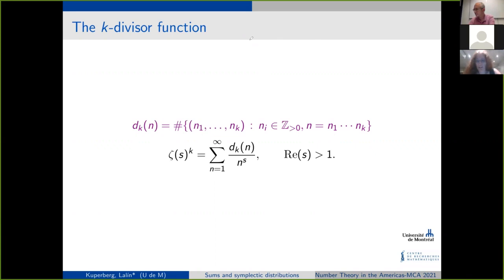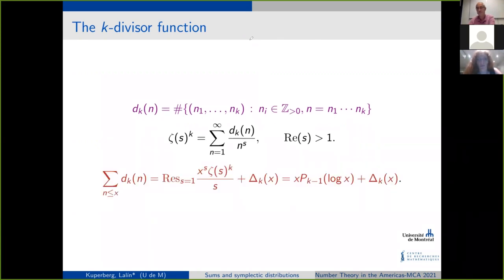The natural question to ask is to study the sum of d_k(n) when n is less than or equal to some x. If we do that, say with Perron's formula, we get an estimate given by a polynomial of degree k minus 1 in log x, times x, plus some error term Delta_k(x). That would be the main term and the error term.